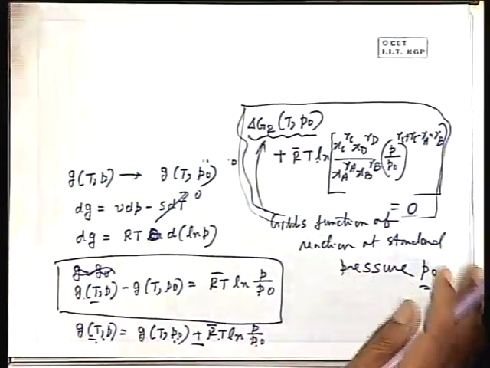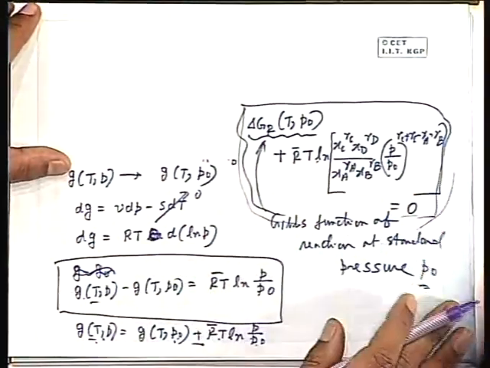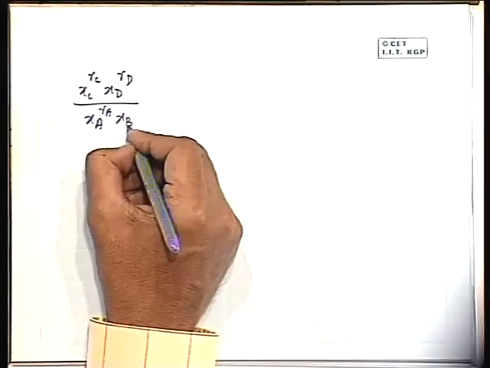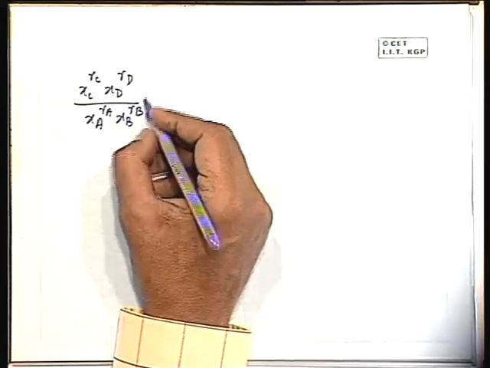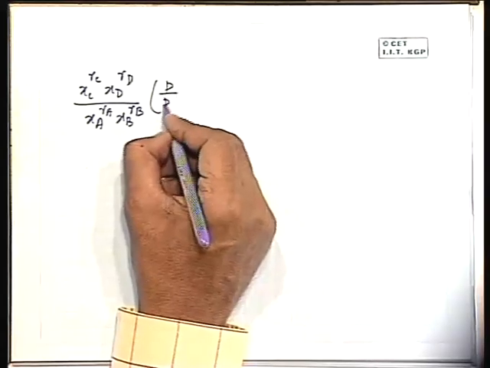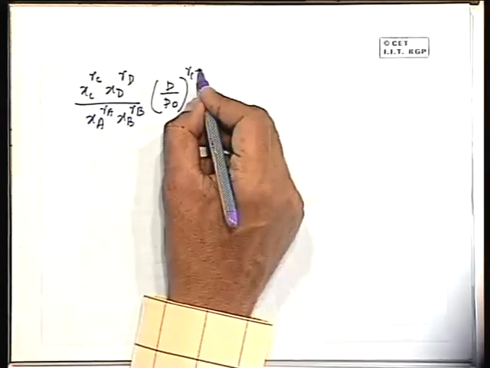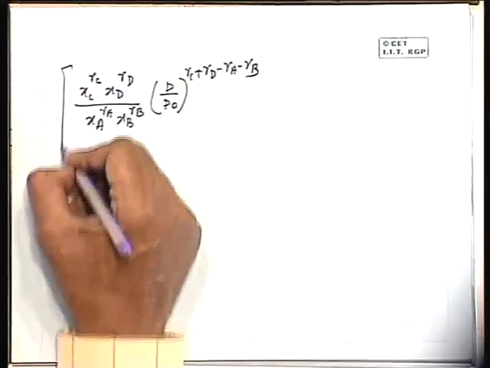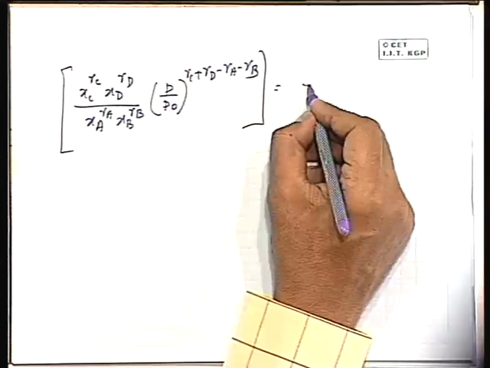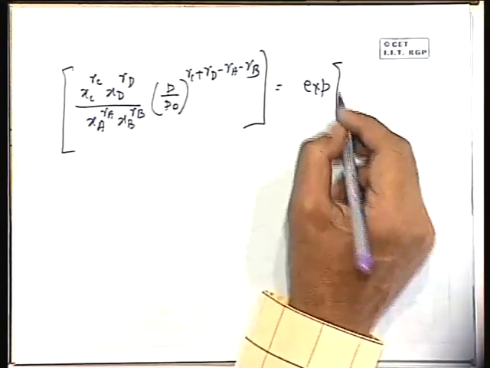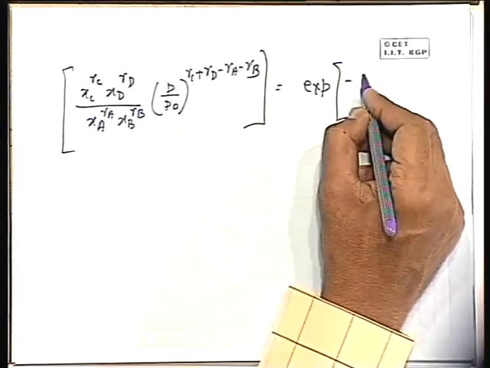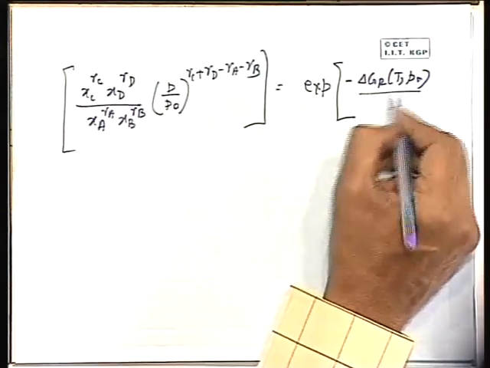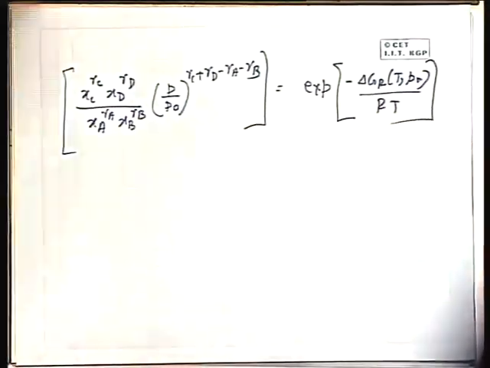So I write this equation now in this form. Please check in your note: gamma A, X_B gamma B into P/P0 to the power gamma C plus gamma D minus gamma A minus gamma B. This thing is equal to exponential, minus delta G_R, because this will go to the other side of the equation, divided by R̄T. This is the final equation.